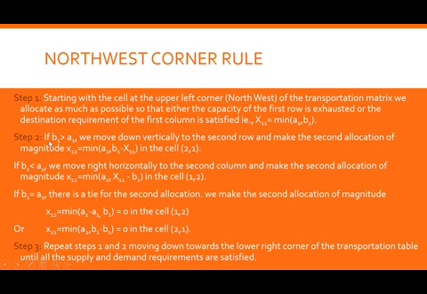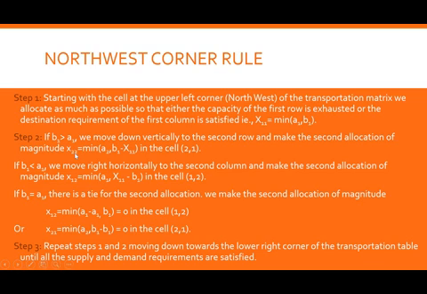The second step says if B1 is greater than A1, meaning the demand is greater than the capacity, we move down vertically to the second row and make the second allocation of magnitude at x21. Sorry, there is a typing mistake here.